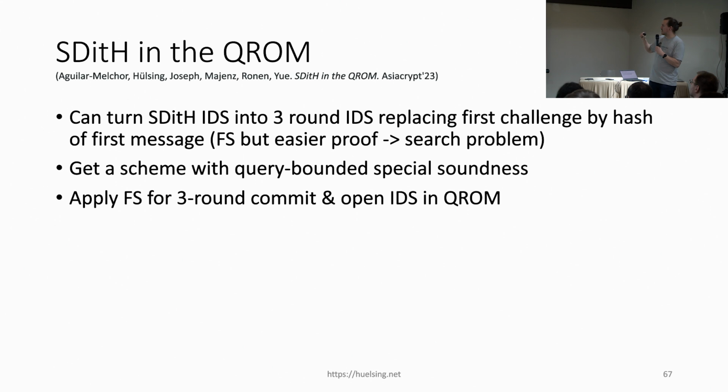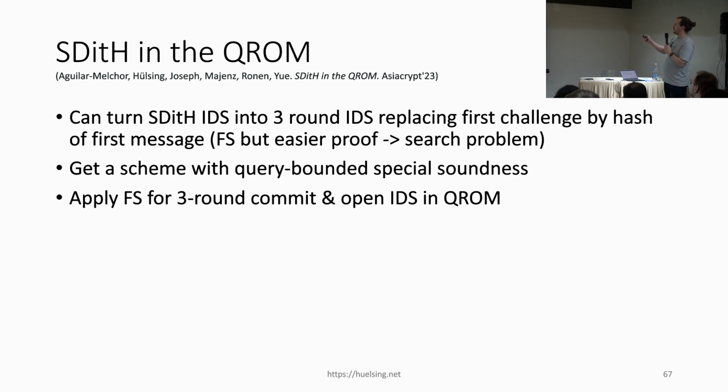I didn't have time to figure out the reference, but this was Chris and Christian Majenz, who is also one of the supervisors in the team. Something like soundness of committed open Sigma protocols.